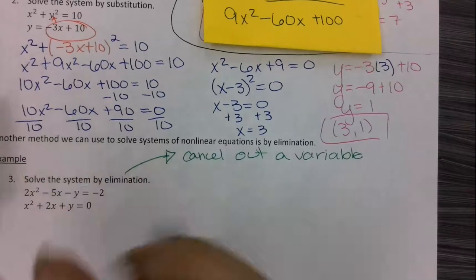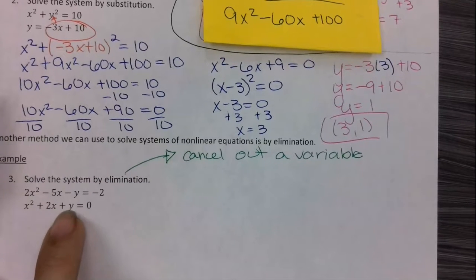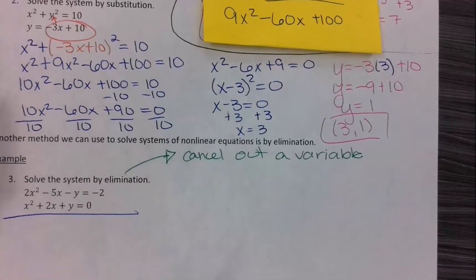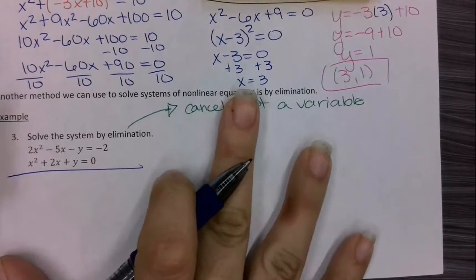Okay. So if I look at this one, my y's are already opposite signs. So if I add these two equations, they're going to cancel out. So I want to add straight down.